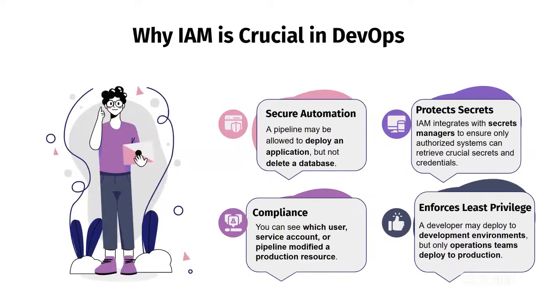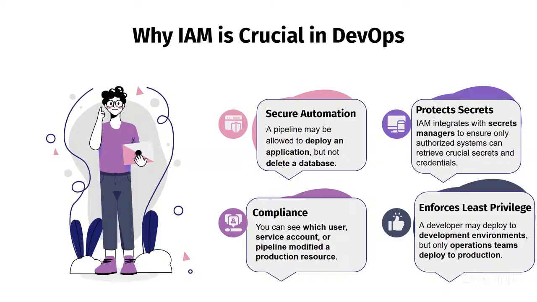So why is IAM crucial in DevOps? IAM helps with secure automation, helps to protect secrets, helps with compliance, and enforces least privilege. For secure automation, a pipeline may be allowed to deploy an application but not delete a database.